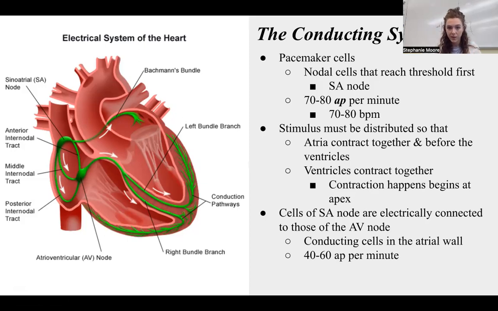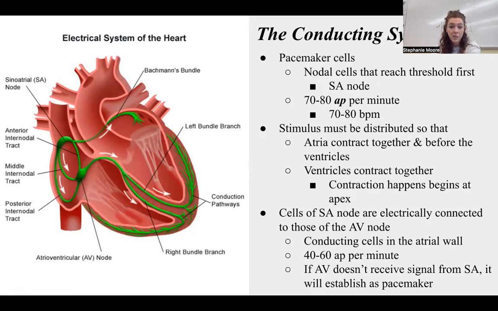The AV node is our backup pacemaker. Our number one pacemaker cell is the SA node; it sets the pace. Then we have our backup at the AV node. If the AV node is the one that receives the signal first, it's going to make a rate of around 40 to 60 action potentials per minute, which is directly beats per minute as well.